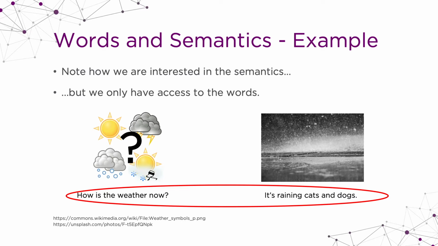Like in this case, if you look at this sentence, it's raining cats and dogs, if you do a word-by-word analysis, maybe you think that we are talking about cats or maybe dogs, but in the end, the semantics is completely different from this. And extracting these semantics can be a non-trivial task. We definitely would like to have some systems to help us to do this link between the text and the real semantics.